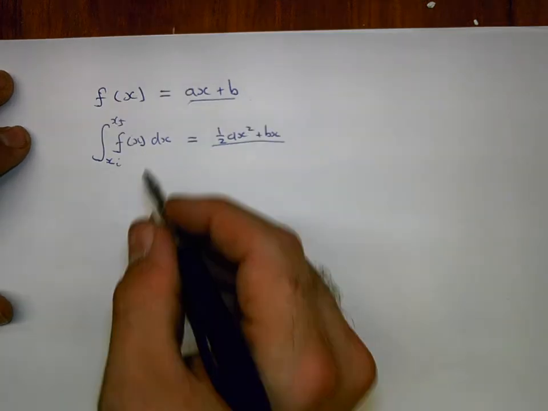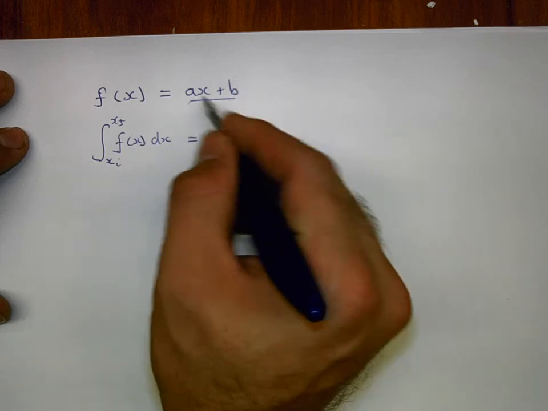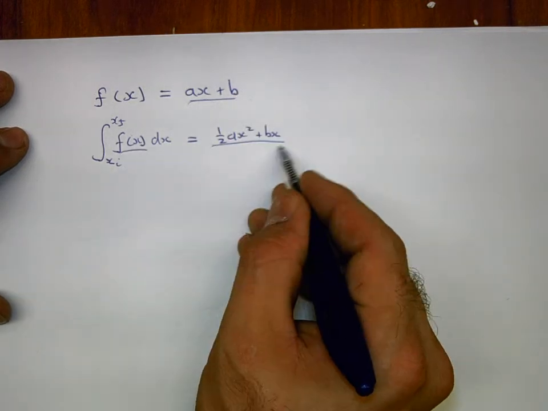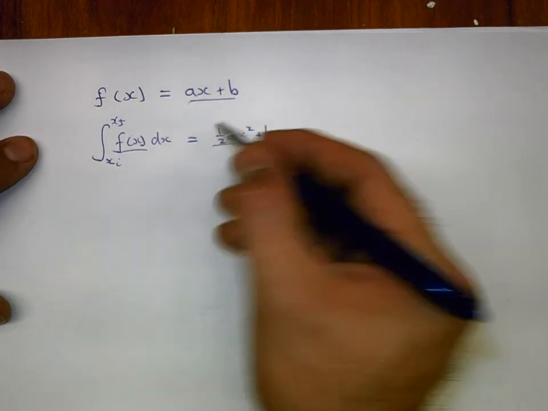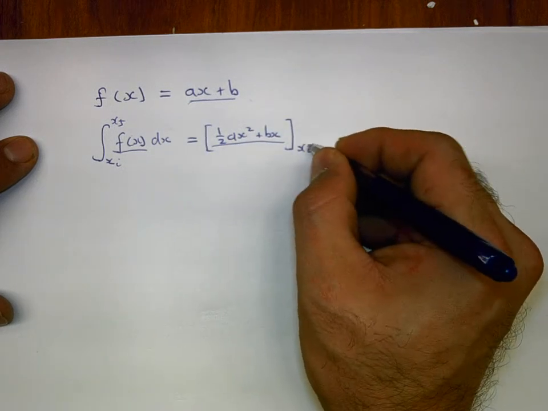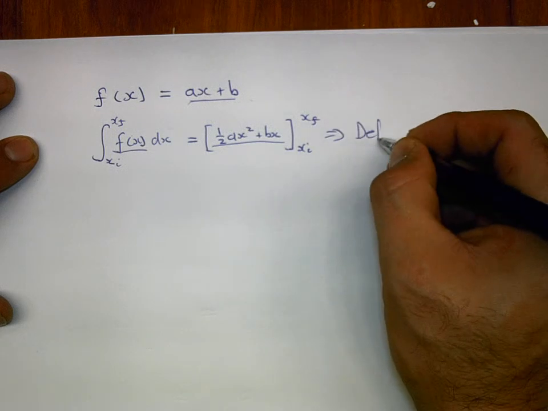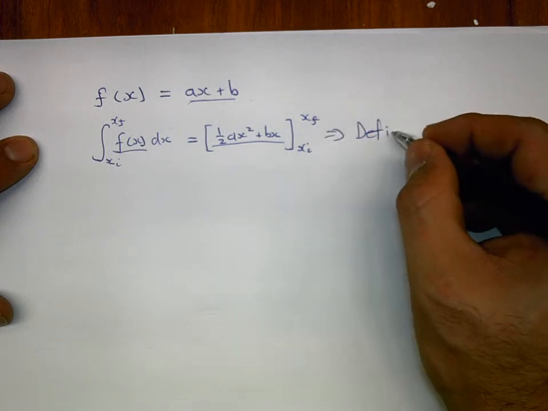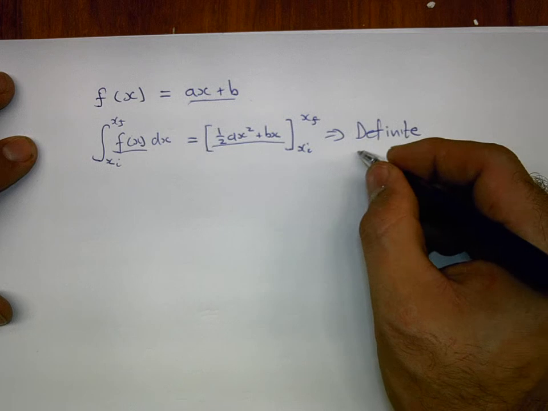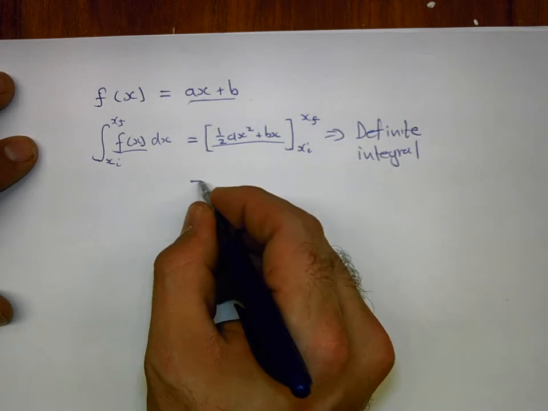So the integral of this function is equal to that, but we want to evaluate this at 2 points. And this is now called a definite integral because we specify the values of x. And in mathematics, you will learn exactly why this is so.